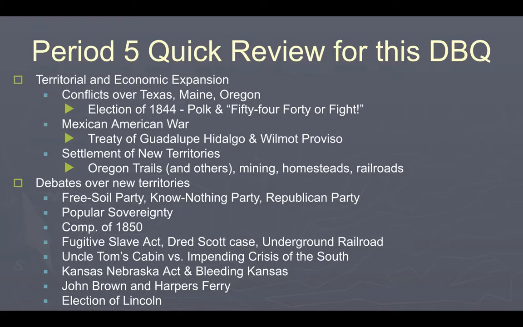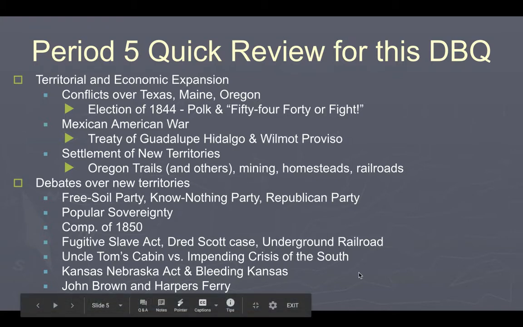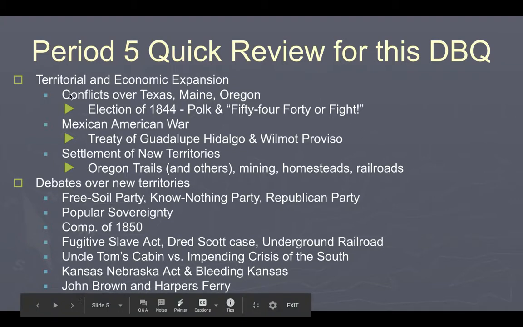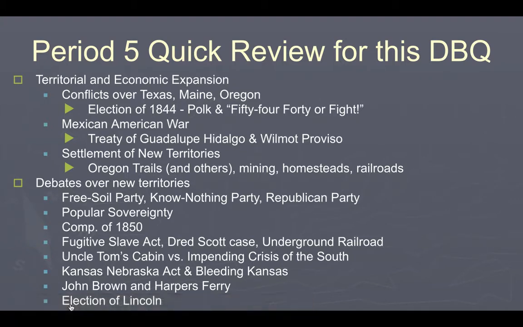We see John Brown and Harper's Ferry, and again, this violence towards the end of slavery and this debate continuing. And the last thing, of course, that pushes everyone into the Civil War is the election of President Lincoln. So hopefully that gives you a quick recap to help you be able to do this next step.